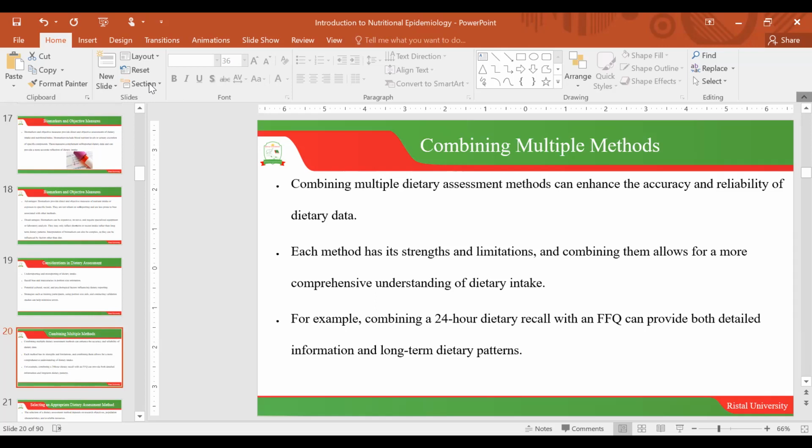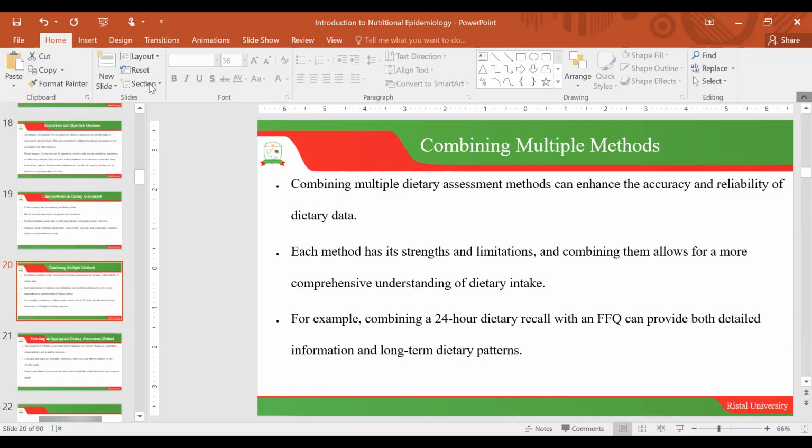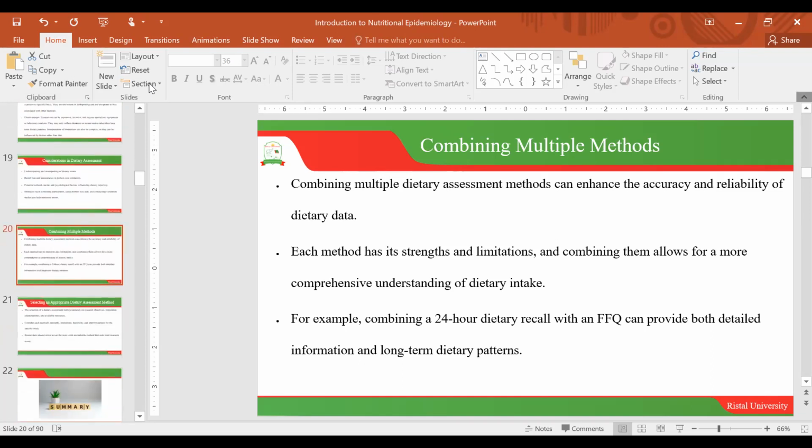When you combine, let us say, two methods, you are reducing the weaknesses of one while using the strengths of the other. So it could be better that you don't use only one method, but a combination of them.